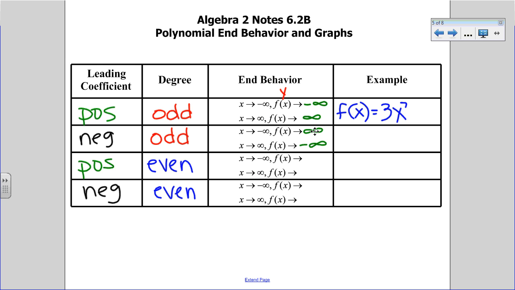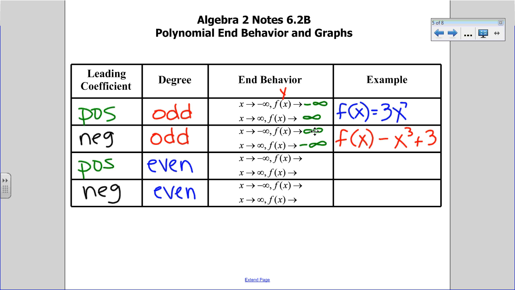So if we were to look at an example of a function that would have this end behavior, I have to have a negative coefficient because they're going in opposite directions of each other. So maybe negative, and then it has to be an odd degree. So negative x to the third plus 3. It doesn't have to be just a leading coefficient with its exponent, guys.